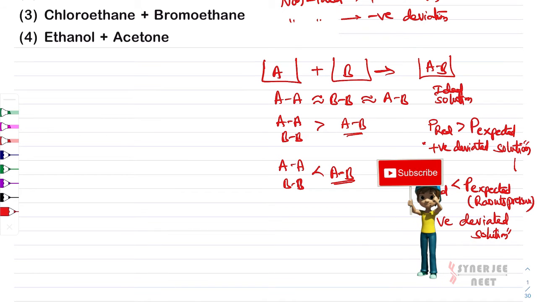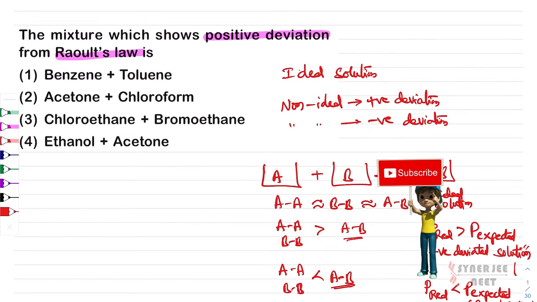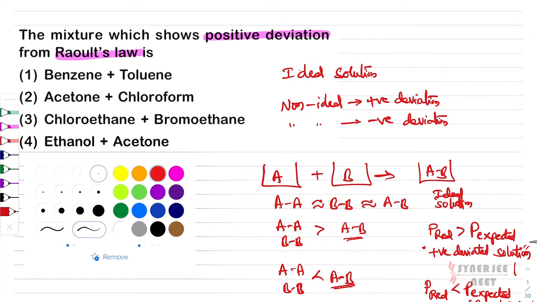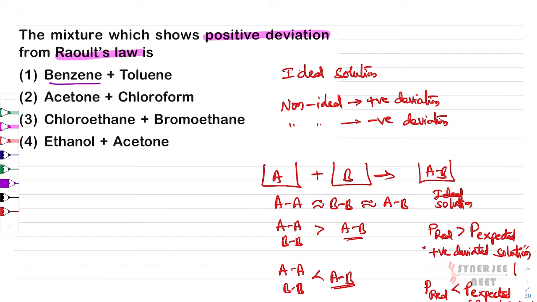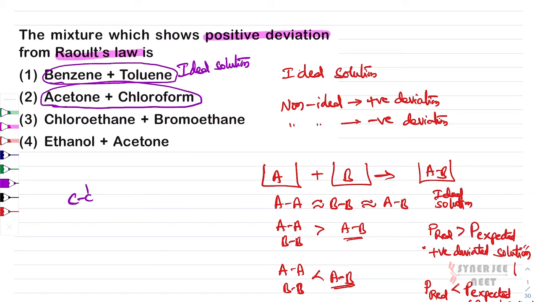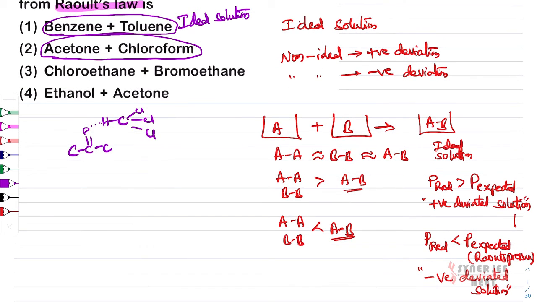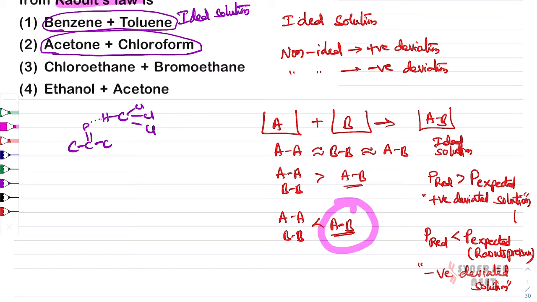Now here in NCERT there are certain examples given for positive deviation, negative deviation, and ideal solution. In the case of benzene and toluene, the intermolecular forces are approximately the same, so it comes under the ideal solution. Acetone and chloroform: there is intermolecular hydrogen bonding between the hydrogen of chloroform and the oxygen of acetone, because of which the AB interactions are stronger than the individual interactions.